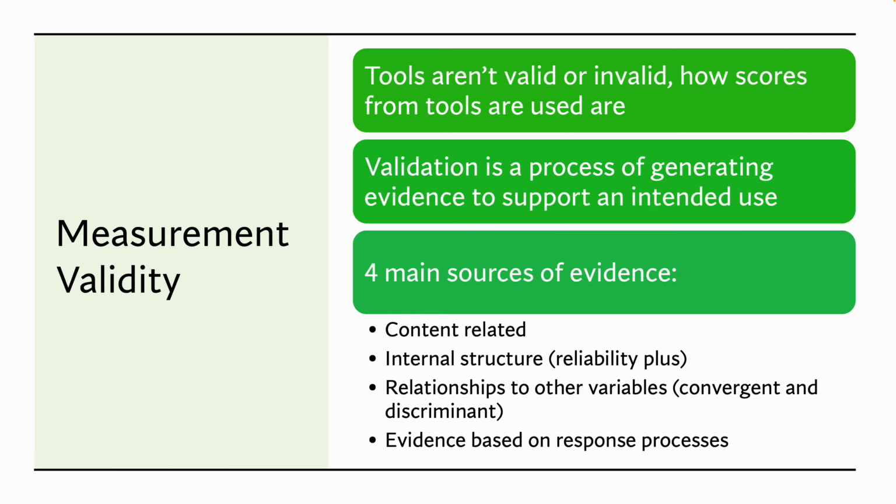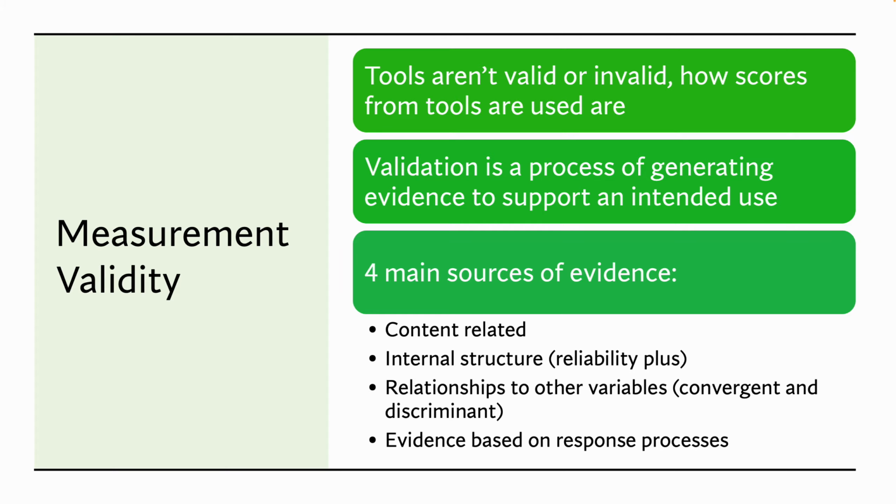Lastly, evidence based on response processes. When someone is completing, especially a learning measure, they should be going through cognitive steps that are expected. If they're working through a math problem, they shouldn't be able to figure out the answer by using test wiseness, crossing out things because they got clues on previous questions or hints in the stem.